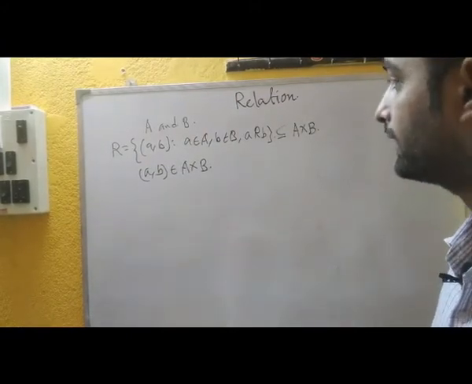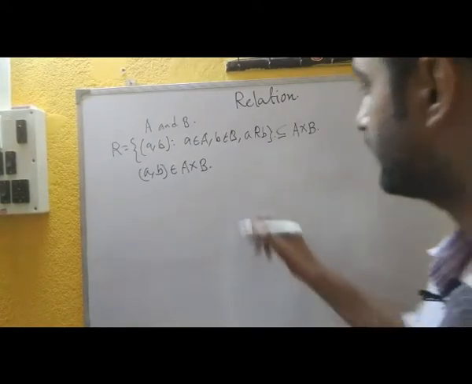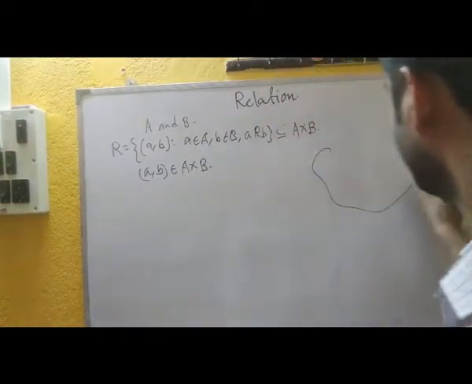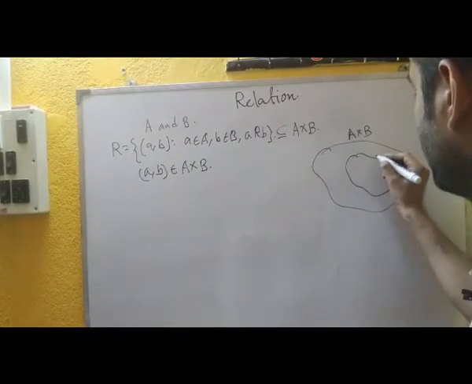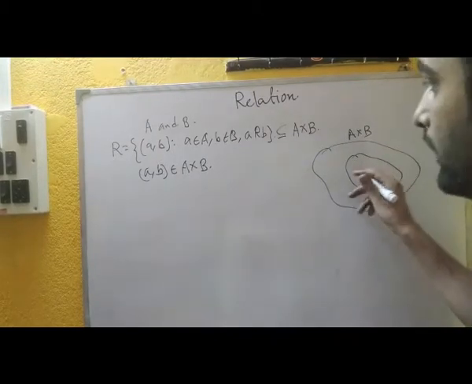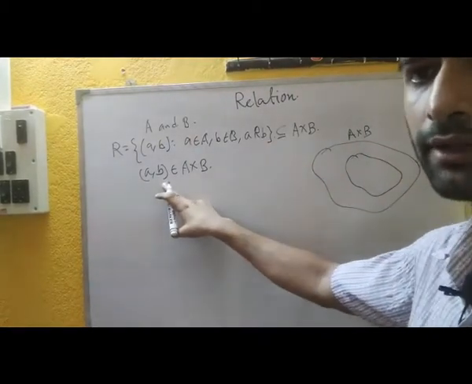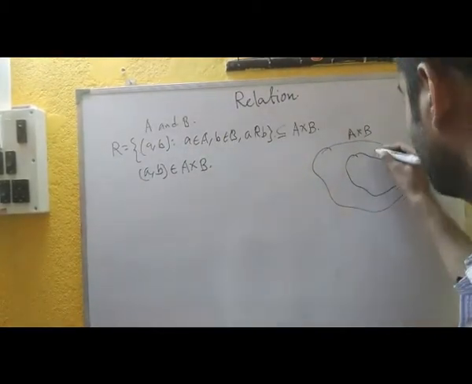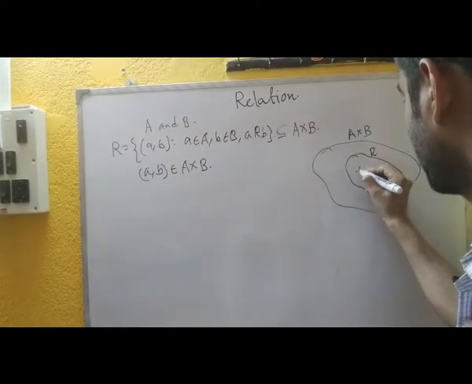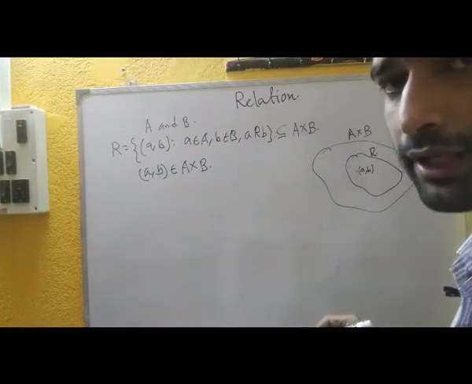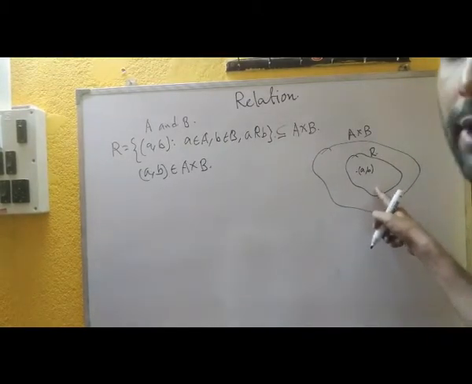And see, if we see it in the reverse way, that if we construct the set A cross B, say this is a set A cross B, and we collect any subpart of it, then we can find a few elements which are in this form, in this ordered pair. So in some way we can say this is the collection R. That means if this collection consists of elements like ordered pair (a, b), then we can say only those elements will be related to each other which belong to this set.